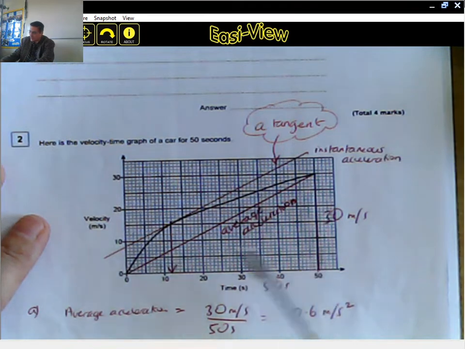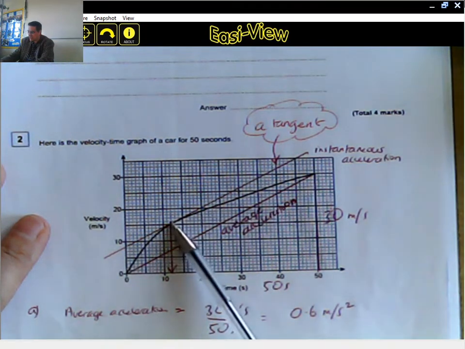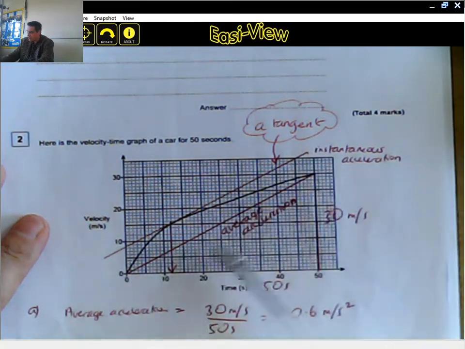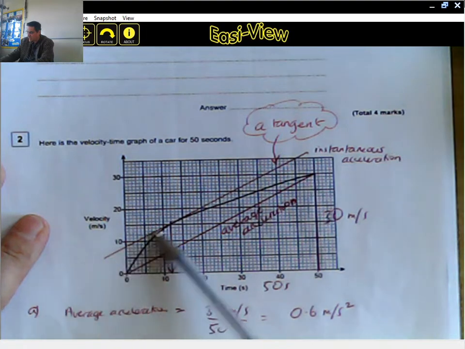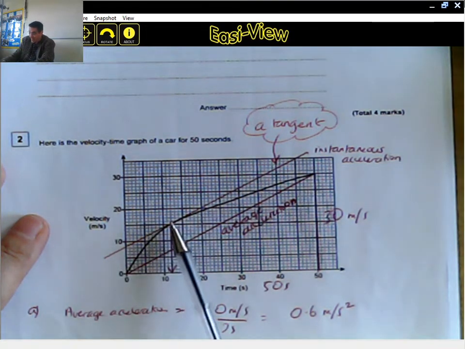Is that okay? So instantaneous acceleration is about the acceleration at a given point on the journey, but it seems to match quite accurately the average acceleration because that gradient matches that gradient at that point and not anywhere else. So the answer is 12 seconds. 2 marks.